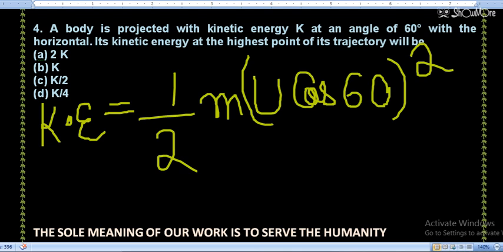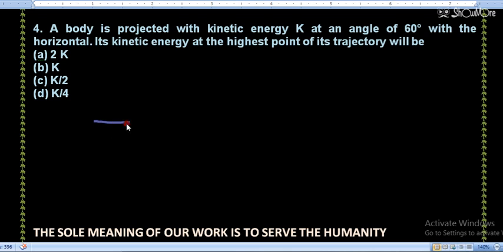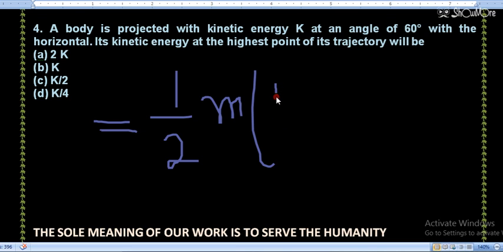Now cos 60 is equal to 1 by 2, so we put that value in. The kinetic energy at the top will be half m into u by 2 whole square.